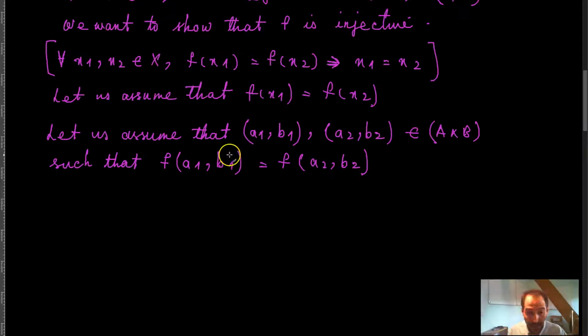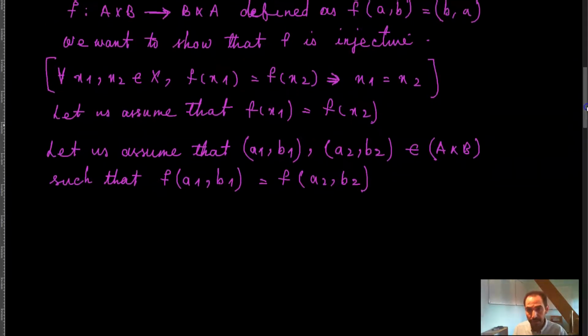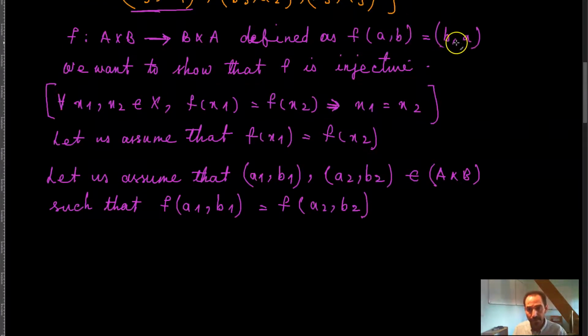Now, what this implies is that, here we said that f of A comma B is B comma A, meaning that you just swap the places of A and B, and you will get the output of your function. So this statement means that B1 comma A1 is equal to B2 comma A2.